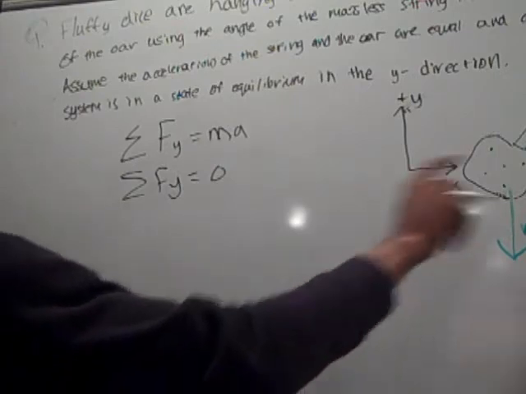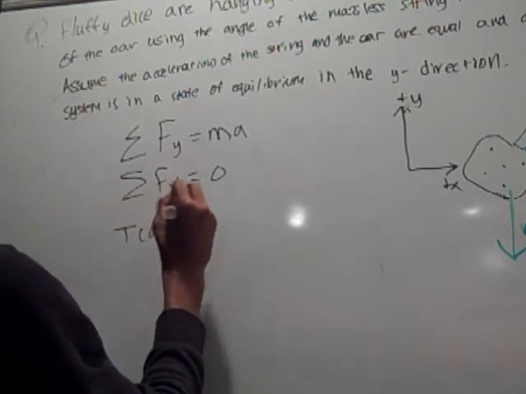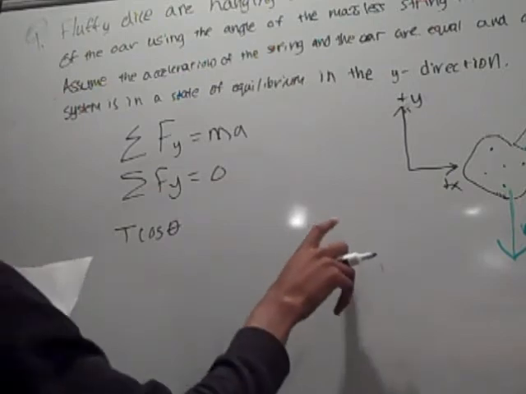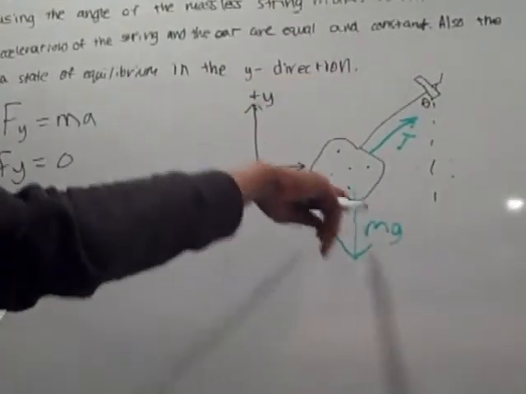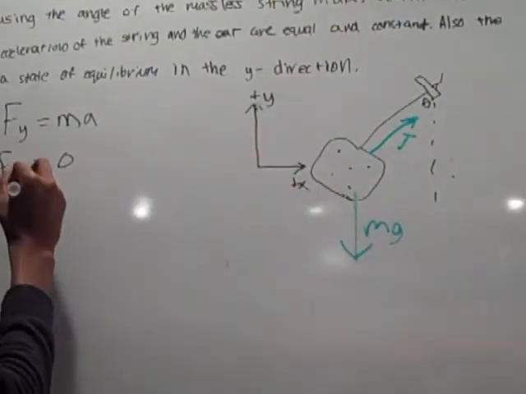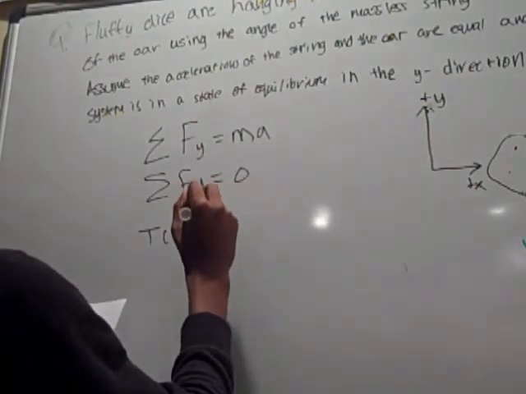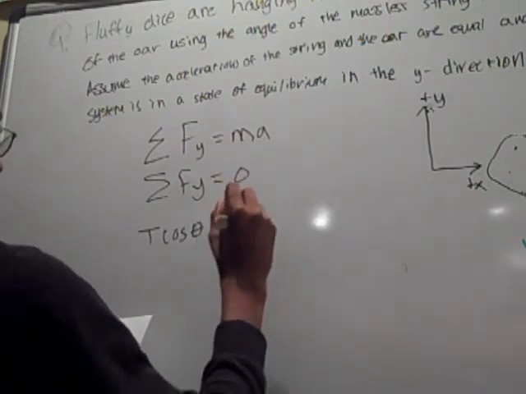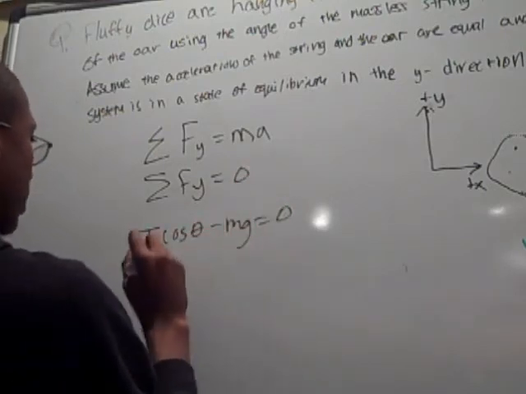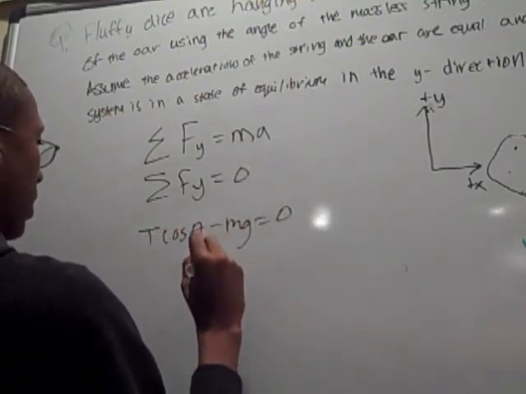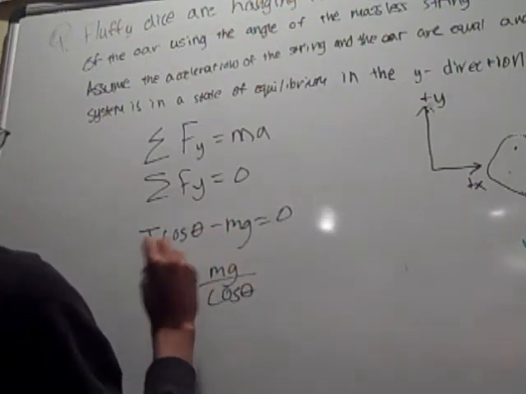So we're using the vertical component, because we're doing it in the y direction. T cosine theta minus mg is equal to 0. And then we're going to use algebra and switch these around. So if you switch it around, it ends up being mg over cosine theta equals T.